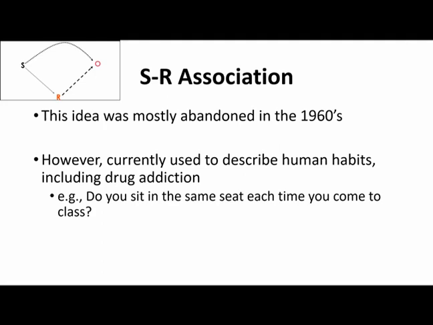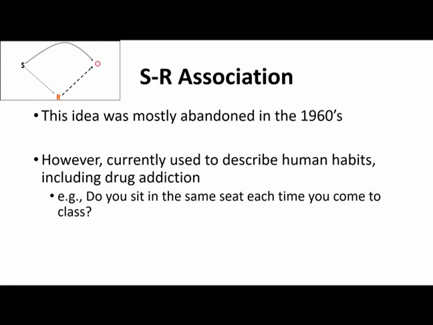So there's lots and lots of research getting into habits and especially, as I said, drug addiction and things like that, because those types of behaviors can be very damaging and seem to occur regardless of the outcomes or regardless of the reinforcers being present or not.